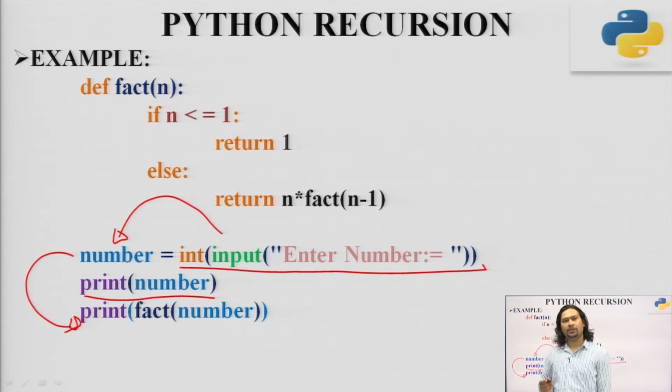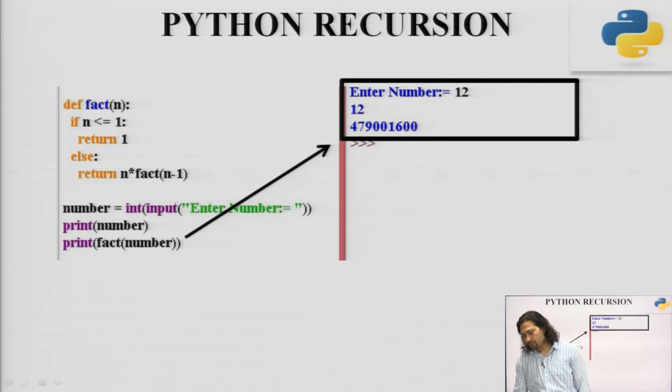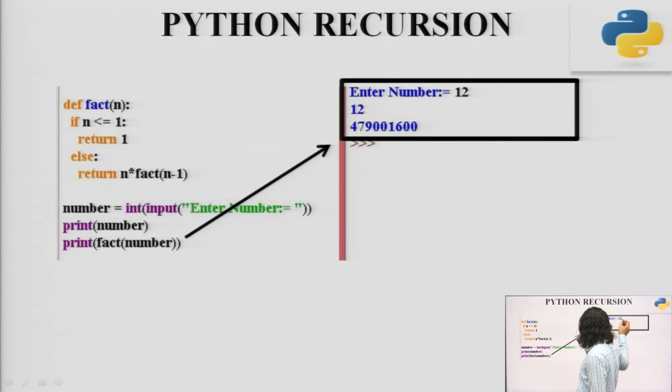That means whatever factorial value the user wants, it directly gives that value, and in response it will get the factorial value of that number. Let us say for 7, the output will be 7 factorial. So, here the output for 12 is this number.